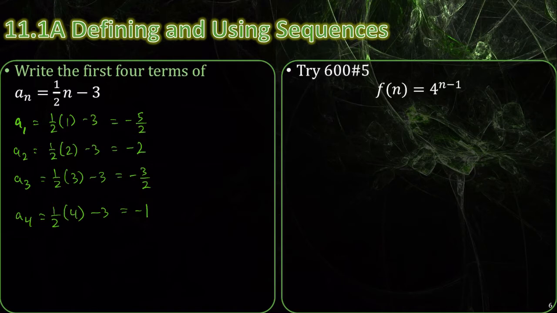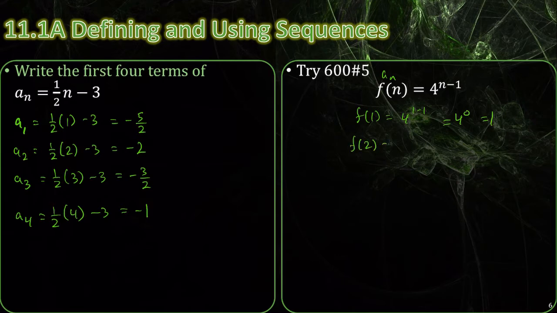Why don't you pause this and try number 5. f of n, see now they've changed it to functional notation, but still the same thing. This is like a_n, whatever. So your first one is 4 to the 0, which is 1.